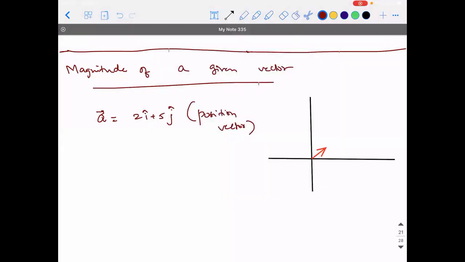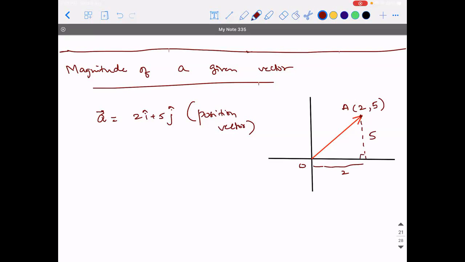Now see, what will be the coordinates of this point? Is it not going to be 2, 5? Right. So if I call this OA, then I will drop a perpendicular so that this distance is 2 and this distance is 5. Now what are you able to see, guys?